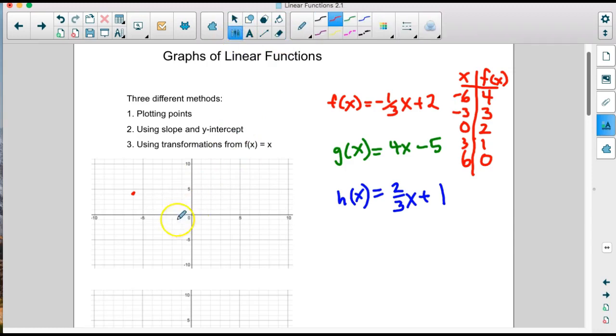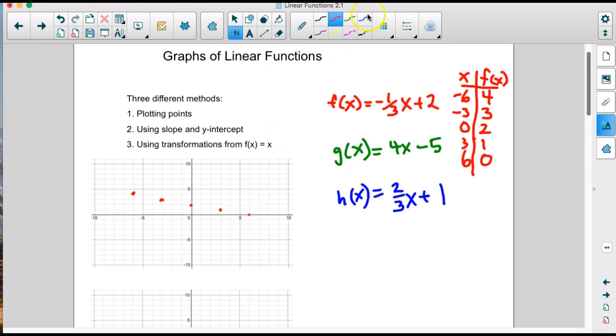So 1, 2, 3, 1, 2, 3. Okay, right there. 0, 2. Then 3, 1, and 6, 0.